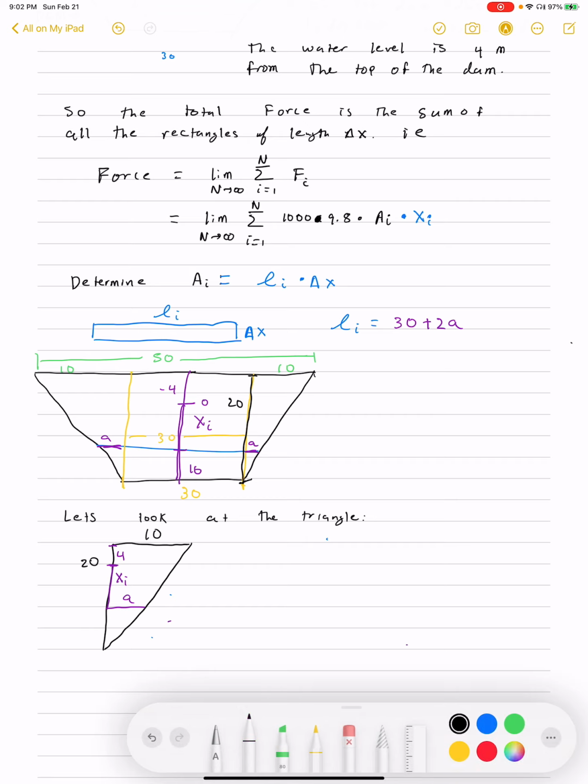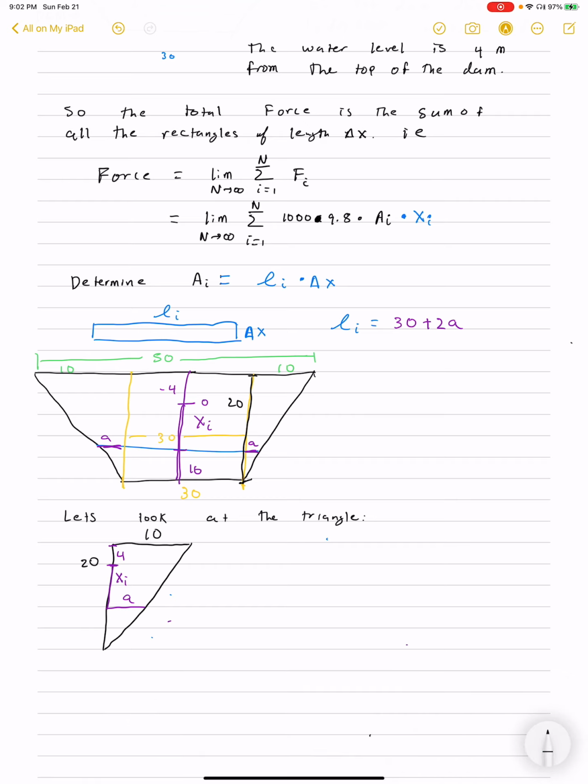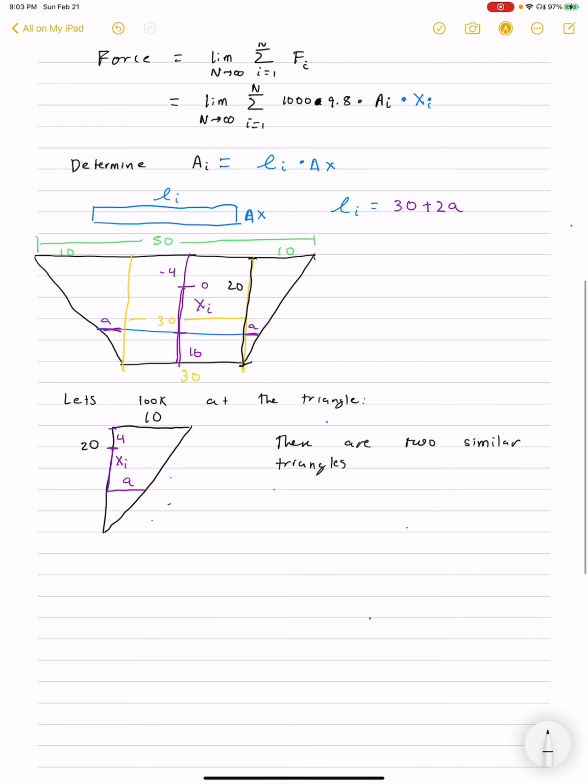redraw this triangle. There are two similar triangles. Okay. One of them should not be a surprise. It's just this black triangle. It has 10 at the top. It has 20 right there.